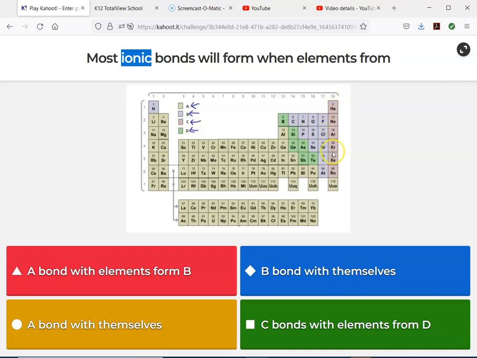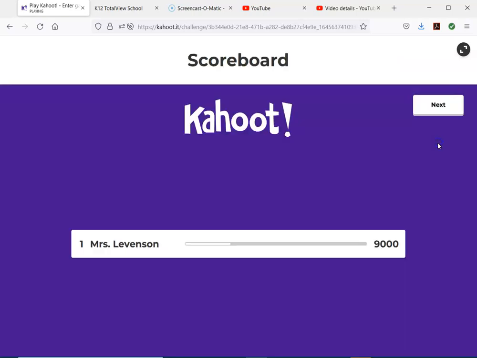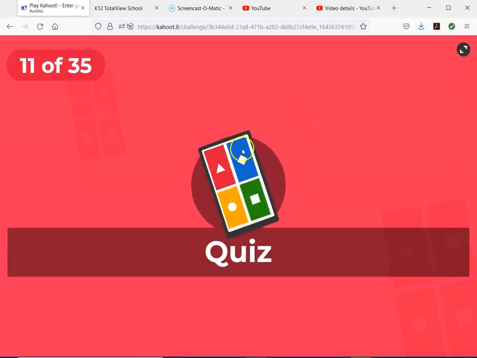Those are our noble gases that do not react with anything else because they're already stable. Their signature property is that they are non-reactive. So that leaves these blue ones. These are the non-metals, and those are B. So A and B, and that's this one right here. All right, good job.